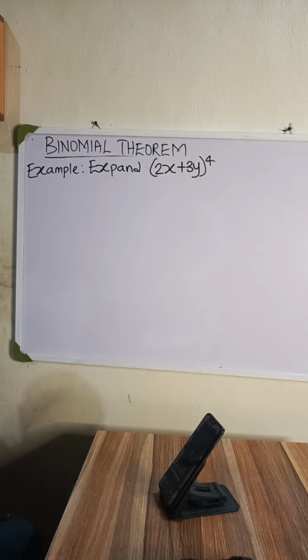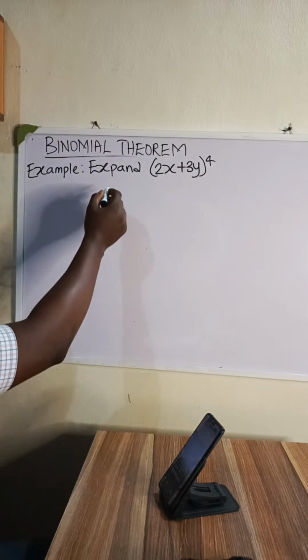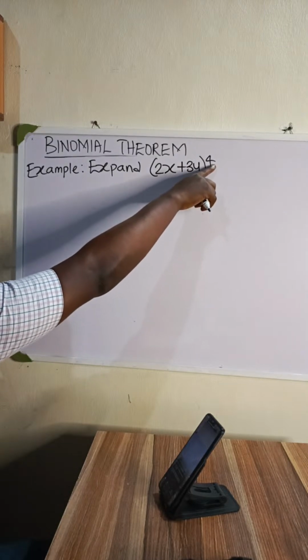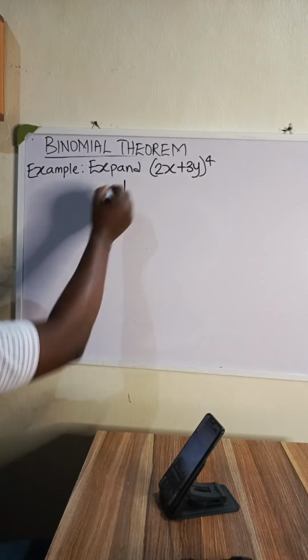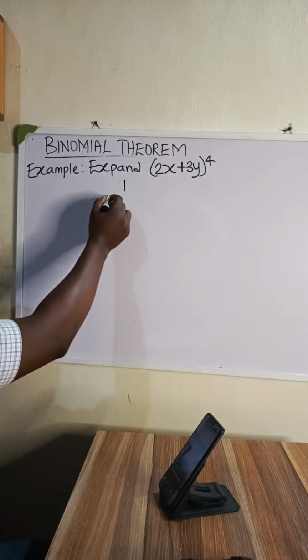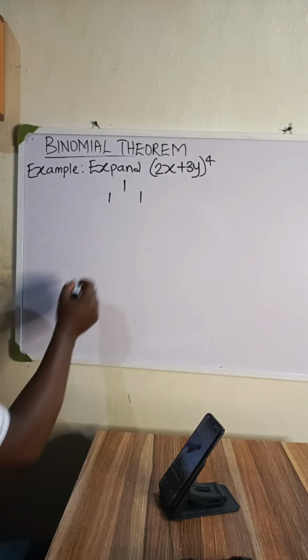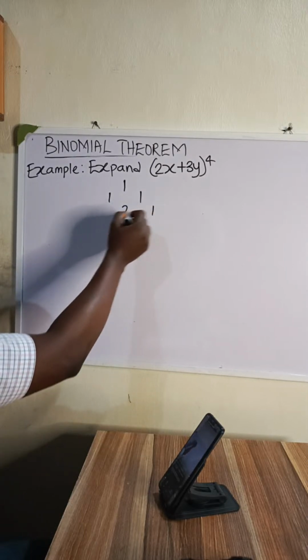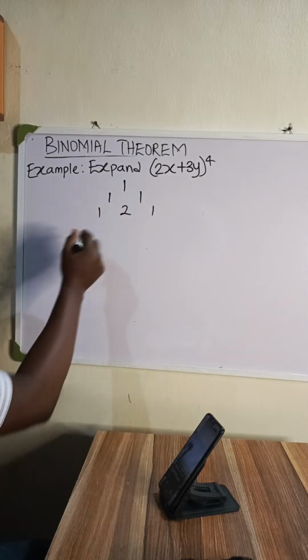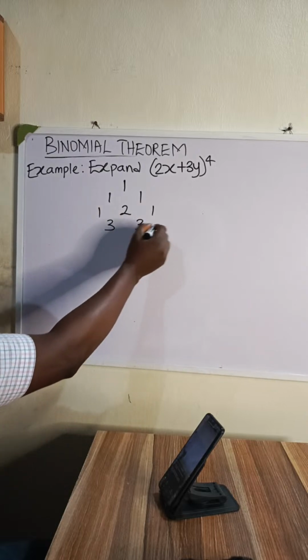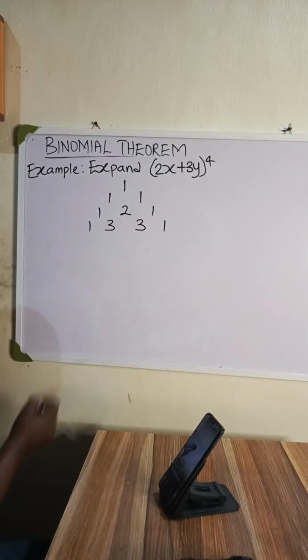Okay, so we are using Pascal's triangle to solve this. So the first thing we need to do is remember n is 4. So this is when n is equal to 0. This is when n is equal to 1. This is when n is equal to 2. This is when n is equal to 3.